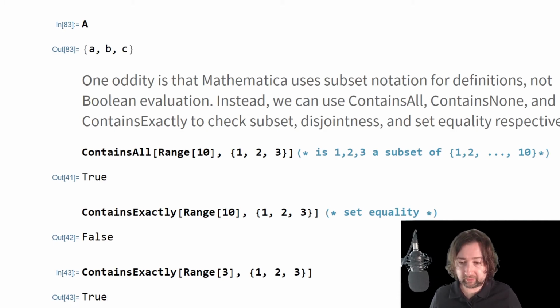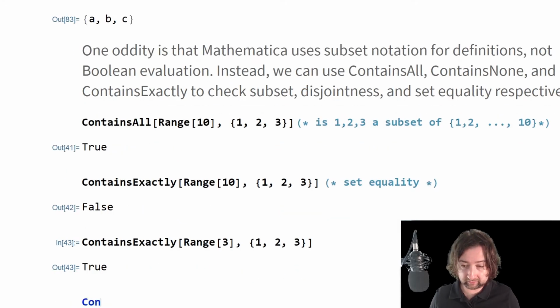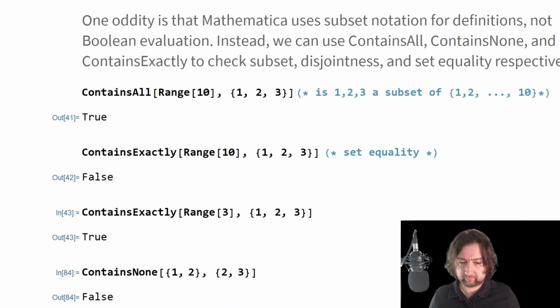The last example here is ContainsNone, and that's actually asking, is A disjoint from B? Which is to say, is their intersection empty? So the question that you ask with, say, ContainsNone, and let's say, I don't know, {1, 2} and {2, 3}. Well, that's saying, are these sets disjoint? Is their intersection empty?